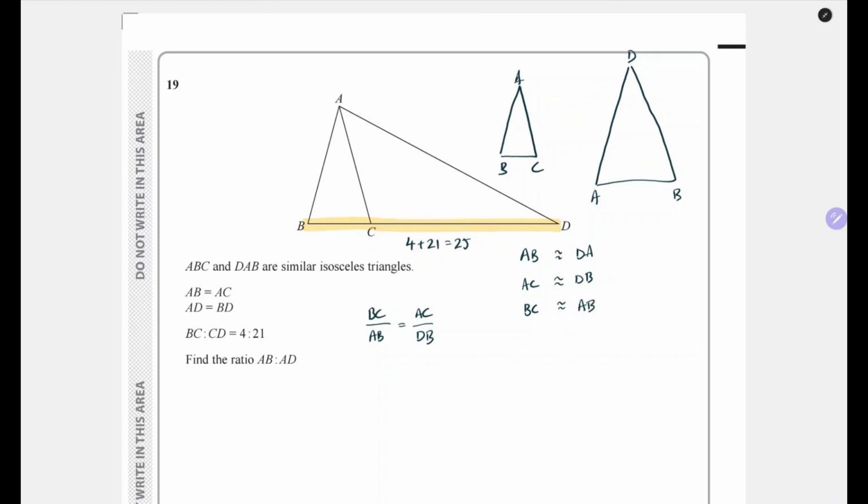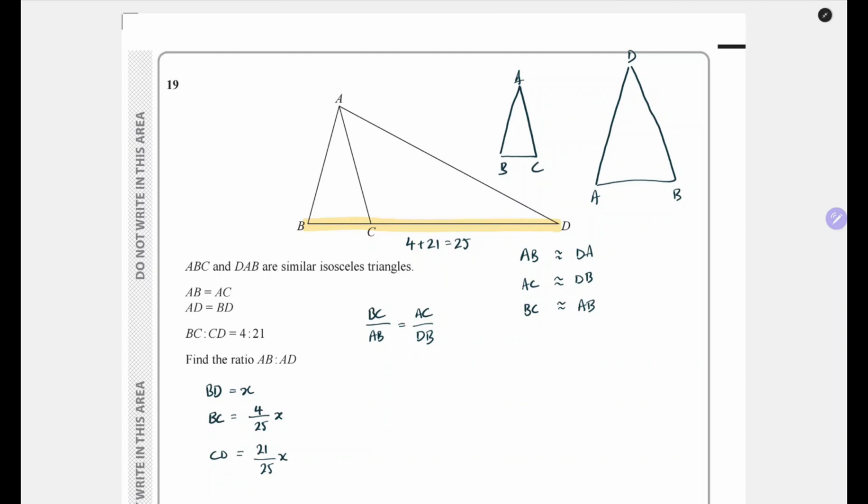And so if we say that BD is X, therefore BC is going to be 4 over 25 multiplied by X, and CD is going to be 21 over 25 multiplied by X.